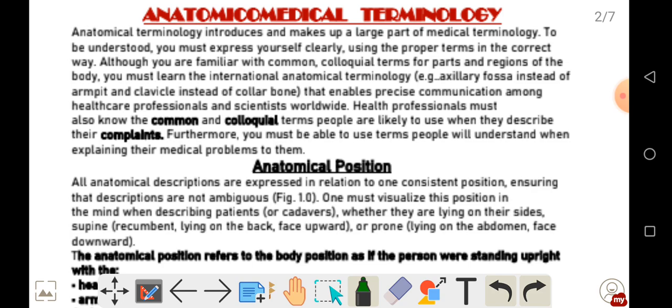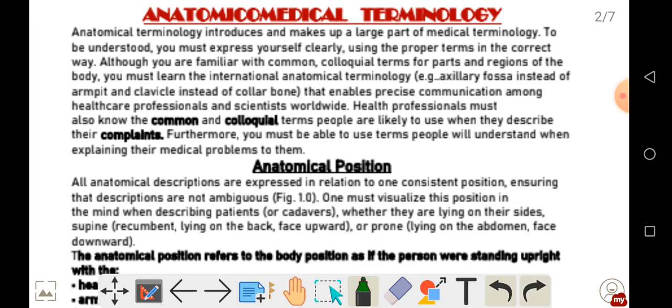At this point, we'll be talking about anatomical positions. All anatomical descriptions are expressed in relation to one consistent position, ensuring that the descriptions are not ambiguous. This is shown in figure 1.0.